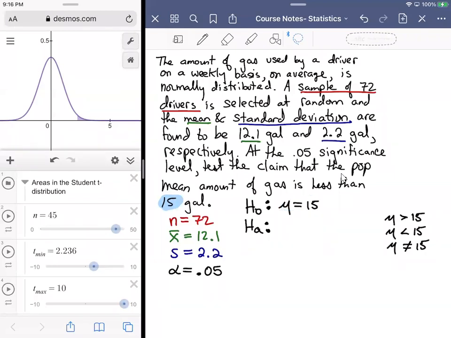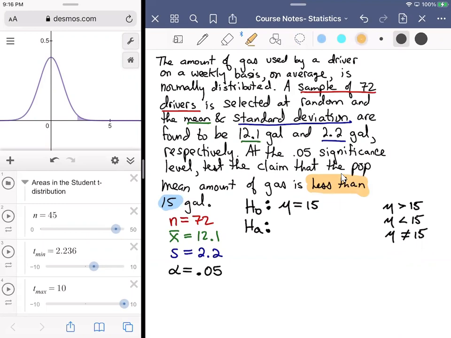Now, out of the possible alternatives, the one that's consistent with the question, less than, is the one that I'm putting in as the alternative hypothesis. And you know what? I'll just copy it. So now I have my null and alternative hypotheses established.